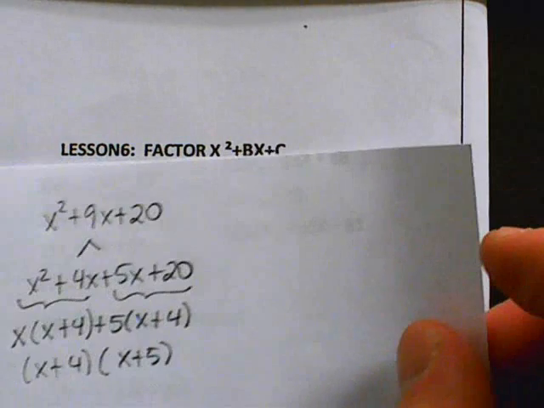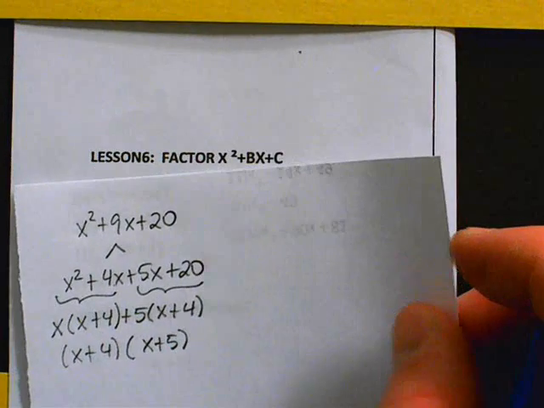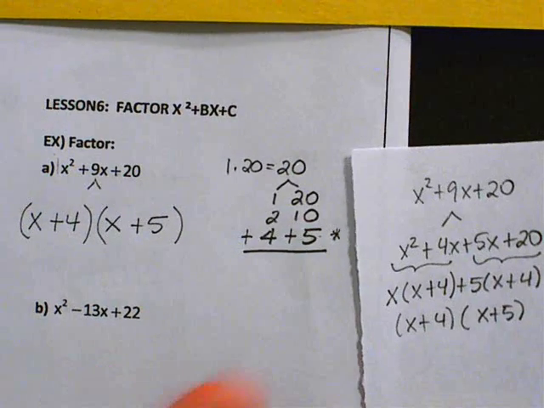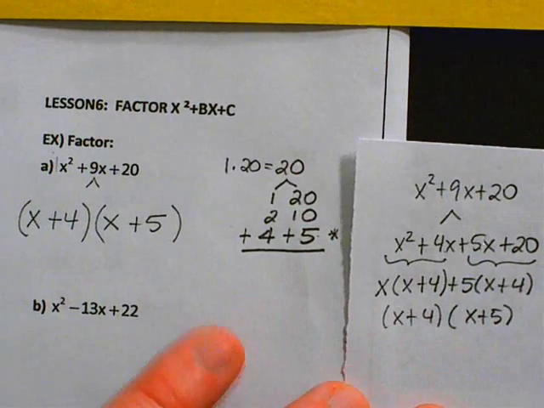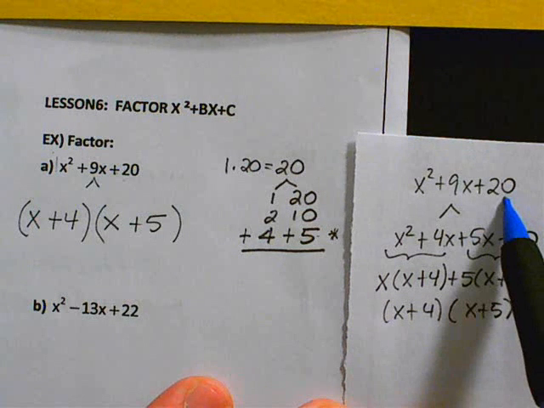Alright, let me zoom out a little bit here, so you can take a look at the two different ways. Basically what happened is, here we have the starting problem. Now we came out with 4 and 5.